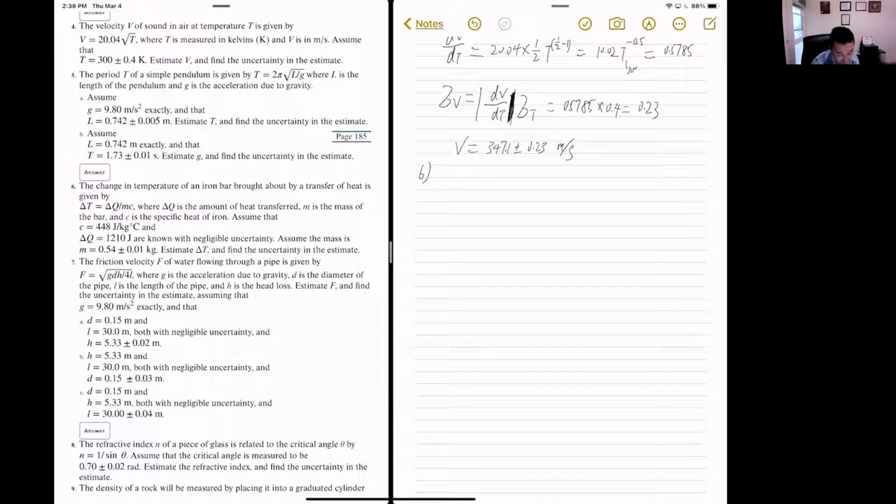Estimate delta T and find the uncertainty for the estimate. So basically the same question. Here, delta T is a function of mass. We know the uncertainty for the mass, and we want to know the uncertainty for delta T. We use the same equation.